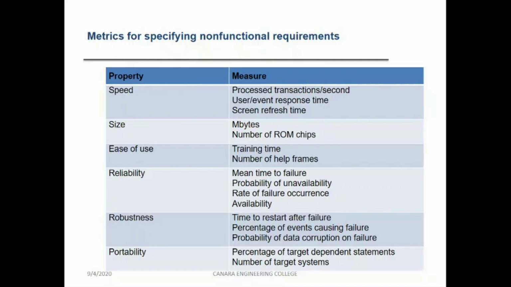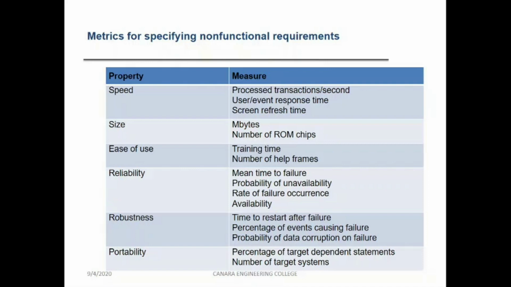Size and ease of use: the number of help frames that have been used in the design. Robustness: the time to restart after failure. If the product has a problem, at what time does it restart, and how the failure has been solved is checked in robustness. Portability: the percentage of dependent users is checked in portability.